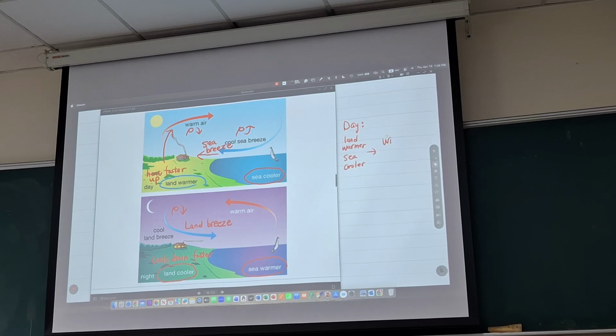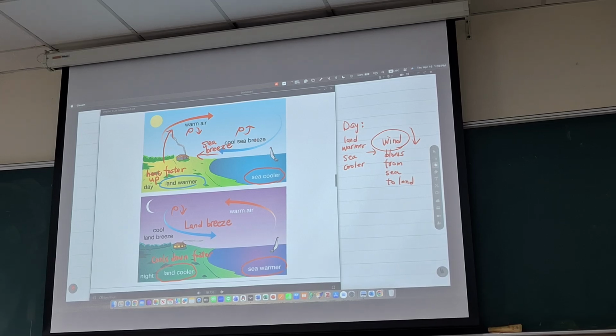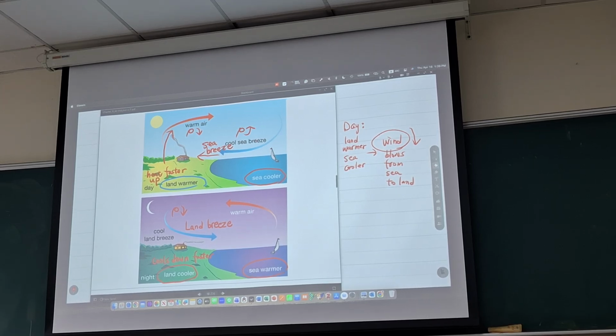So the wind blows from sea to land, because the air above the sea is denser. Okay, so it's thick. So the winds blow from the sea to land, and we call this sea breeze.